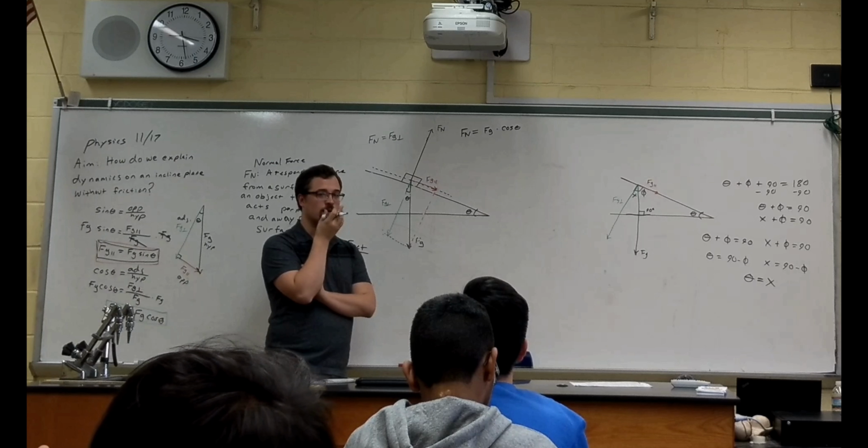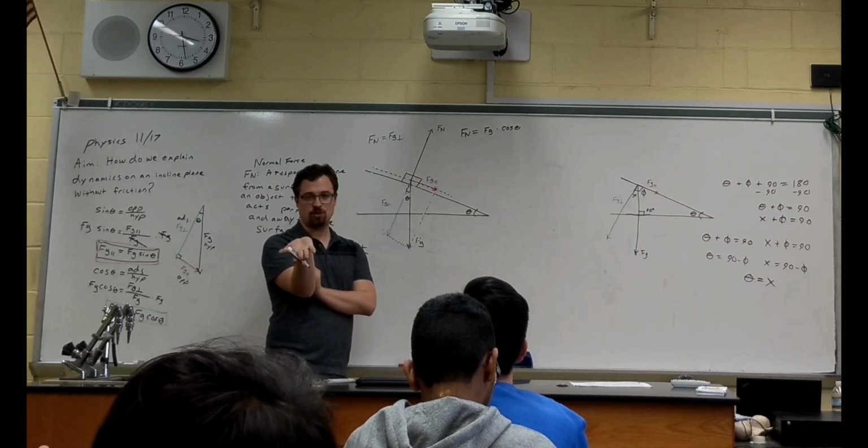Mg, right? Fg is equal to mg. So we can just write mg cosine theta is going to be equal to the Fg perpendicular, which is equal to Fn. So in this particular case, m was 10 kilograms from our example.